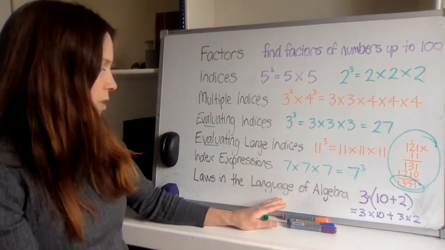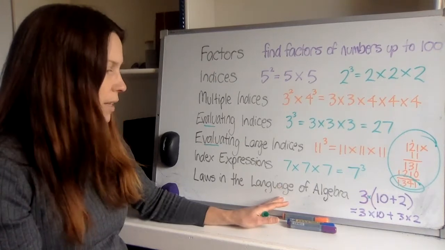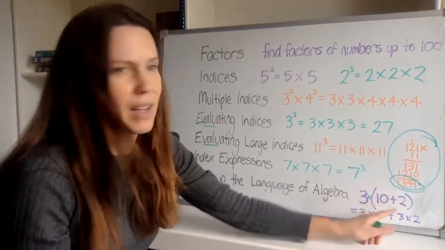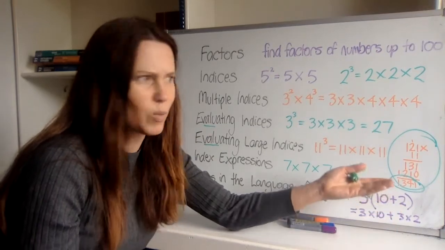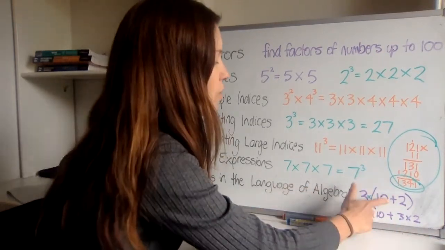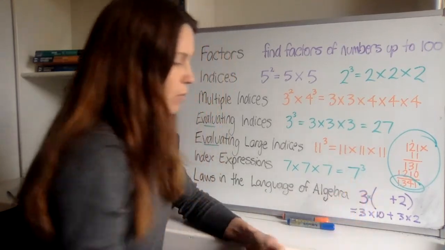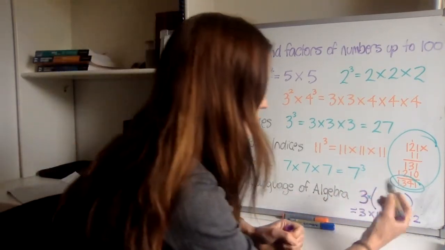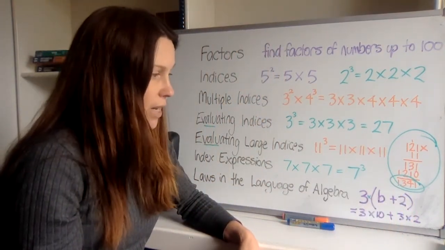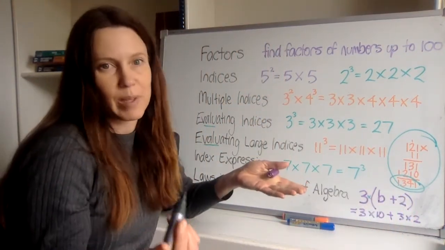Now, lots of people doing this module get confused because they don't really see the value of it. They go, yeah, that's fine and everything, but I'd just rather add up the 10 and the 2 and get 12. That's way easier. The reason they teach you this is because it leads you to be able to work with algebra and say, well, what if this wasn't 10? What if it was, I don't know, a letter like B? Okay, now I can't do B plus 2 because I don't know how big B is.